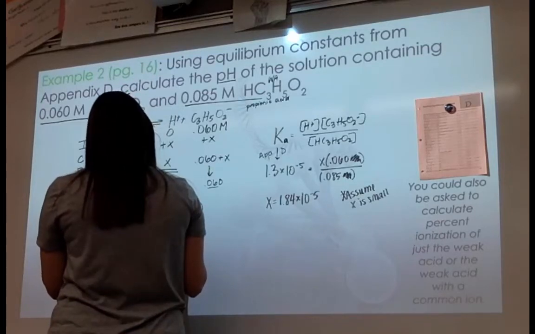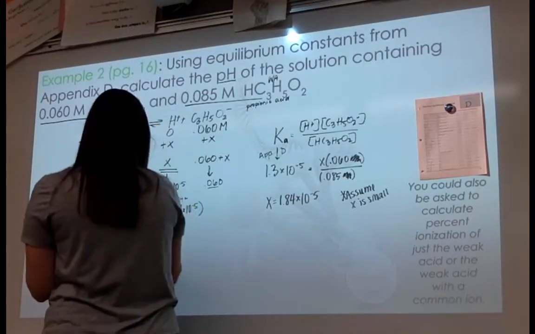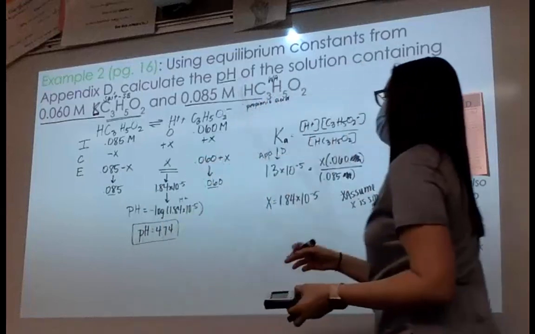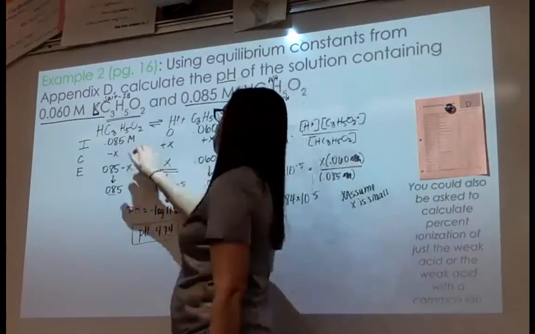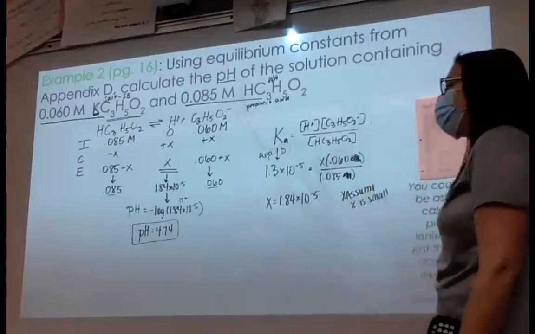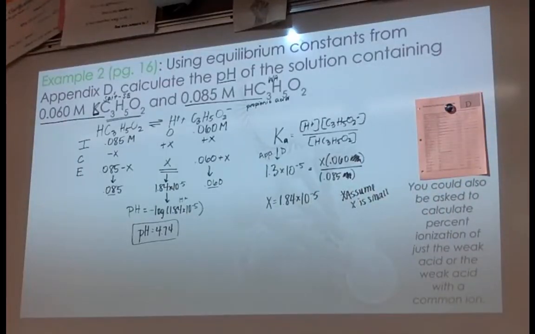You have 4.735. So you can round to 4.74. So the pH of this weak acid, when we add a common ion, is 4.74.